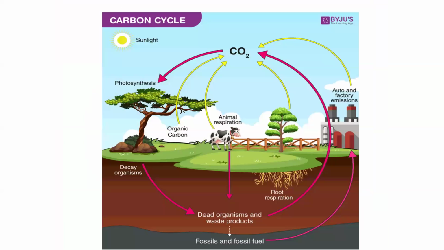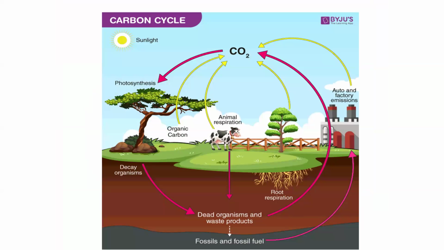This is the carbon dioxide cycle. What we do is we unearth, we pump out fossil fuel, burn it and put it into the atmosphere. It was some 200, 300 meters below the ground.